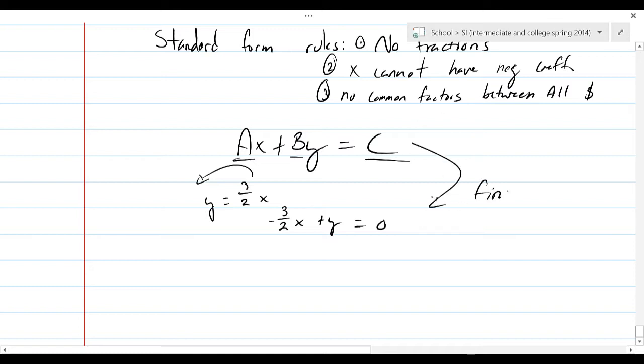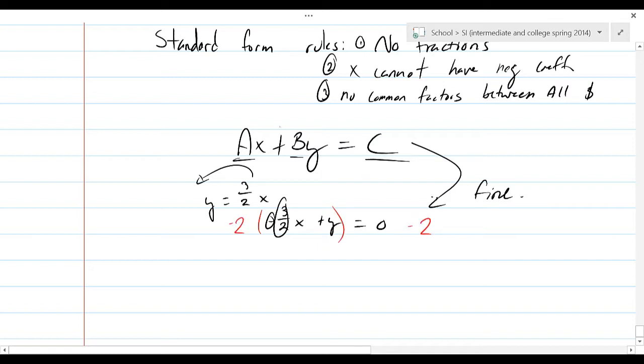But x can't be negative, first of all. So this is an issue. And there can be no fractions, so that's an issue. So let's get rid of them both with one step. Let's go ahead and multiply everything, both sides, by negative 2.